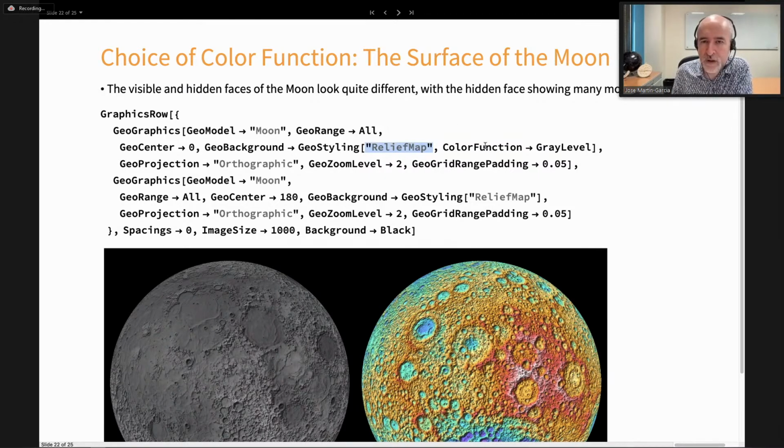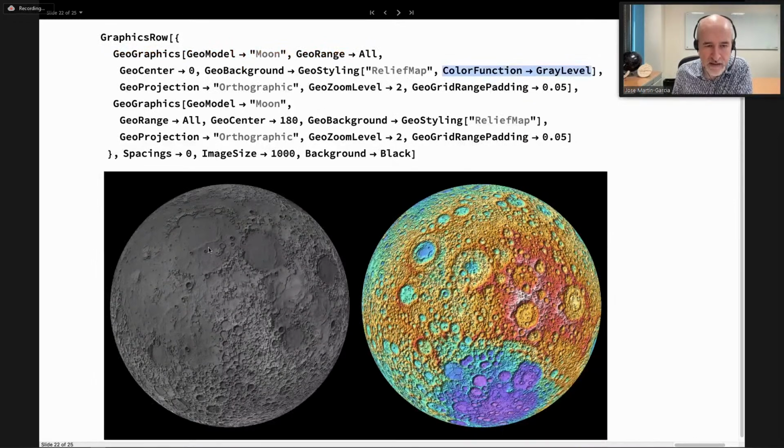And notice that we will be using two different color functions for the visible side of the moon and the hidden side of the moon. So we control that with geocenter. So you see geocenter goes to 0, that would be here. That's at the center of the visible side of the moon.